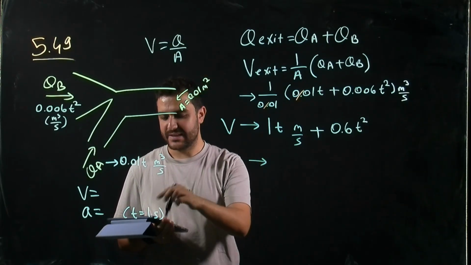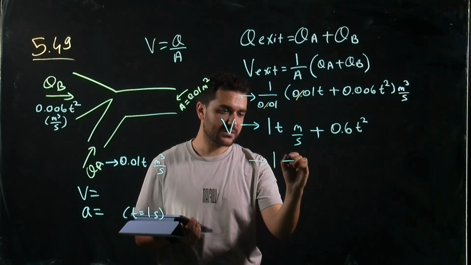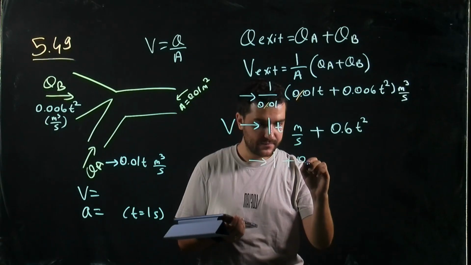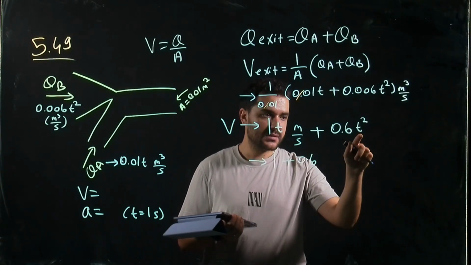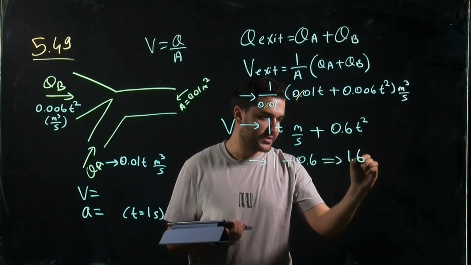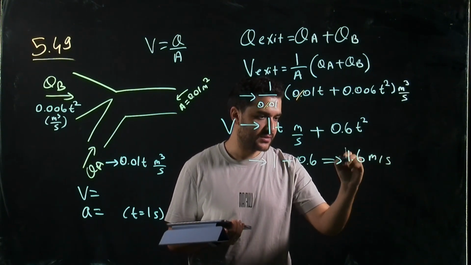Since t is 1 second, we will have 1 plus 0.6. This is also 1. You'll get 1.6 meters per second.